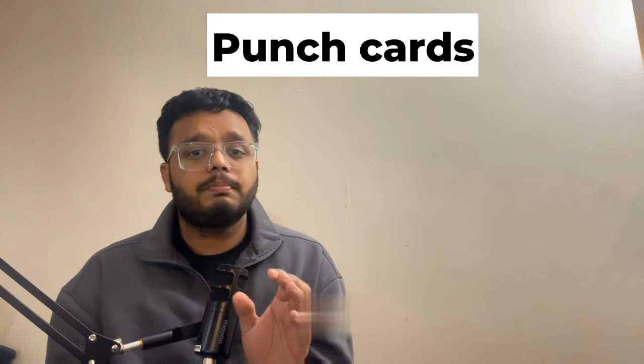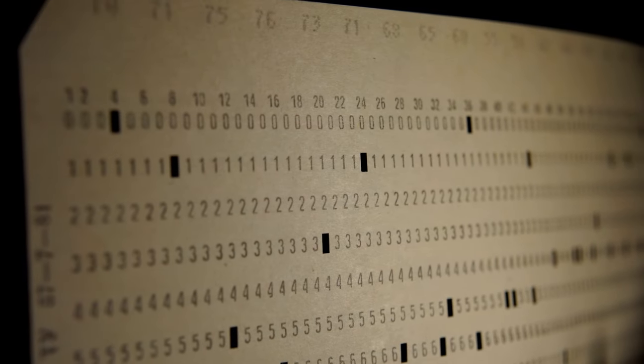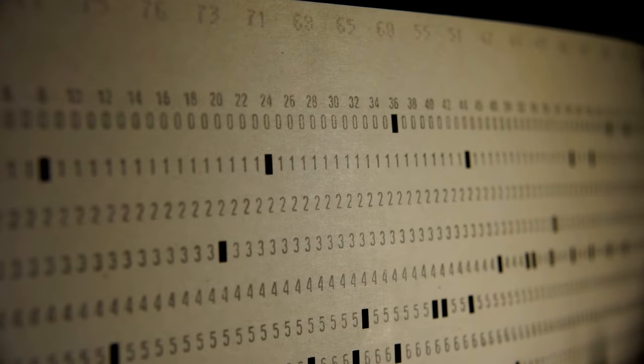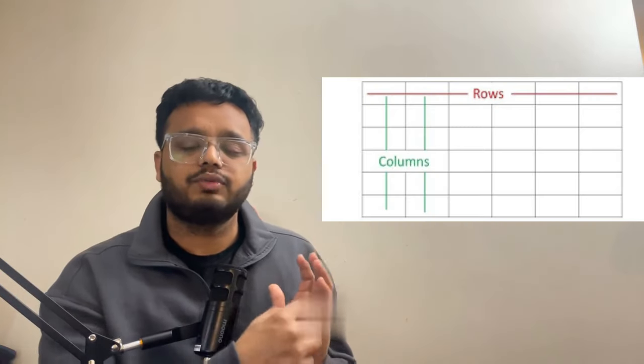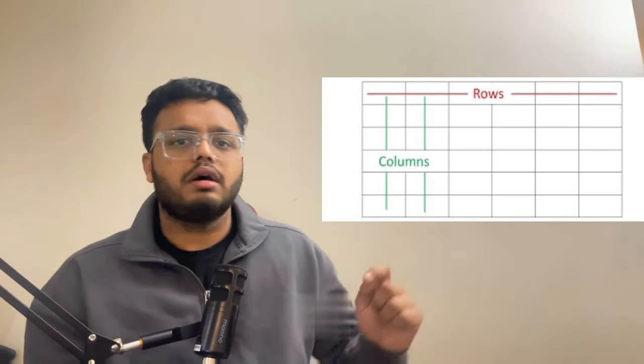Punch cards are stiff paper cards with tiny rectangular holes at specific locations. A punch card has 80 columns and 12 rows, and holes in each punch card represent one letter. So for example, in assembly code, if I have a letter A, and if letter A is represented by a hole in the first row of the punch card, programmers will punch the hole into the first row.